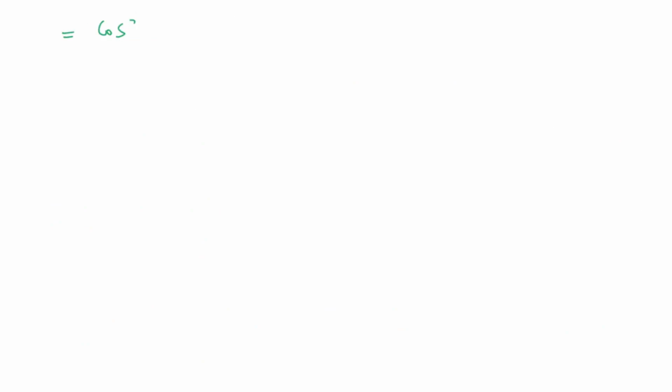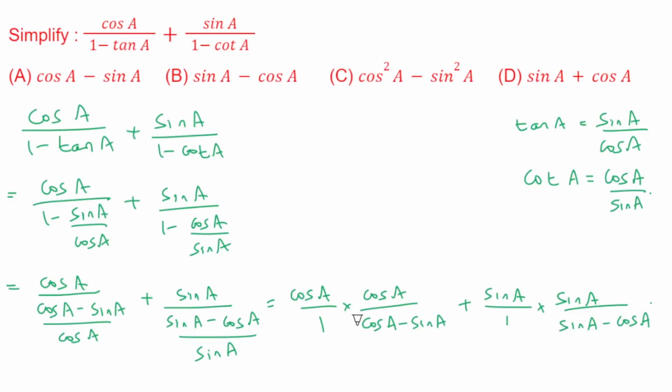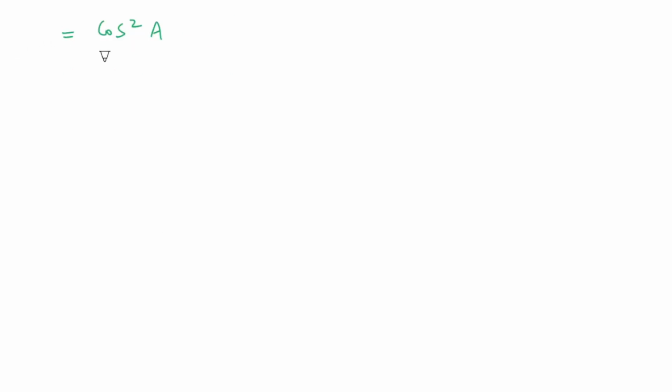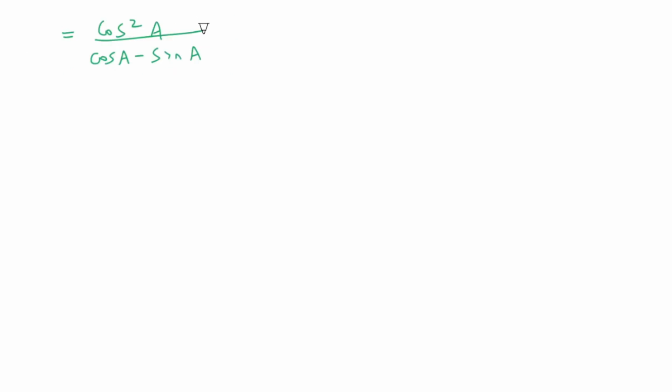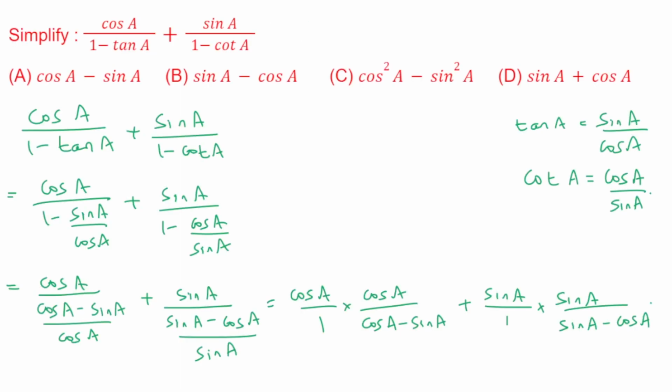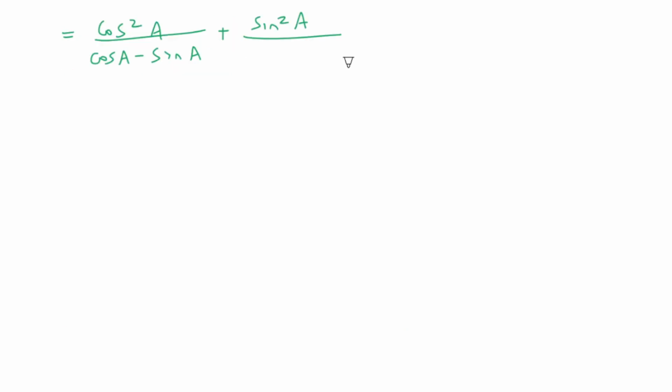The numerator becomes cos square A and the denominator is 1 times cos A minus sin A, which becomes cos A minus sin A. Then plus sin A times sin A becomes sin square A, over the remaining terms in the denominator, 1 times sin A minus cos A, so sin A minus cos A.